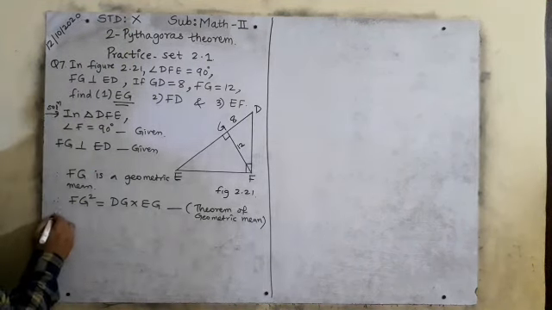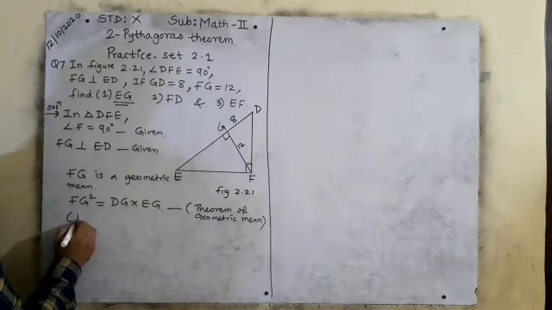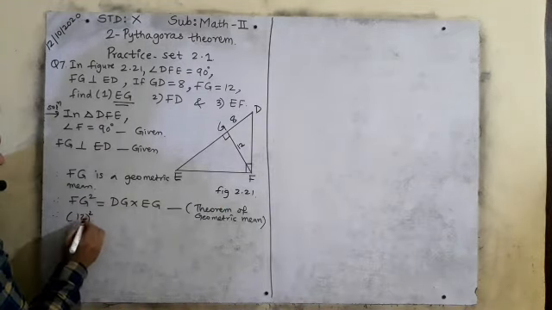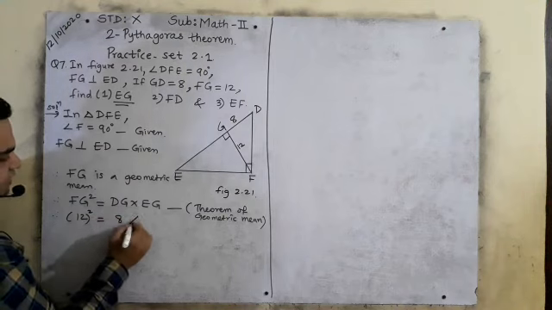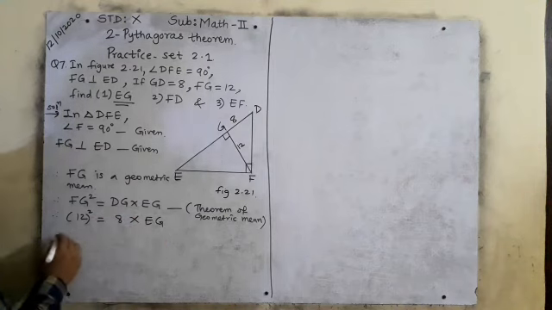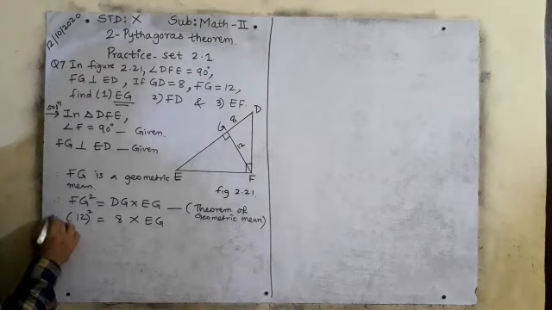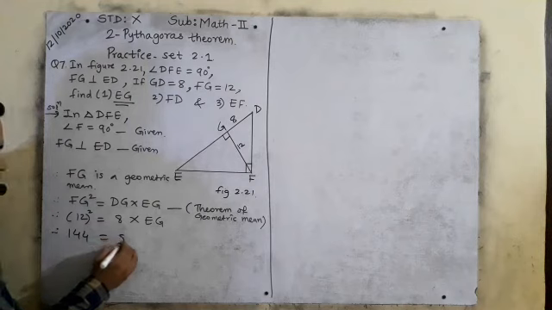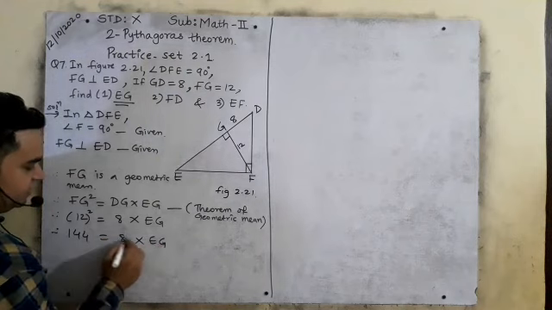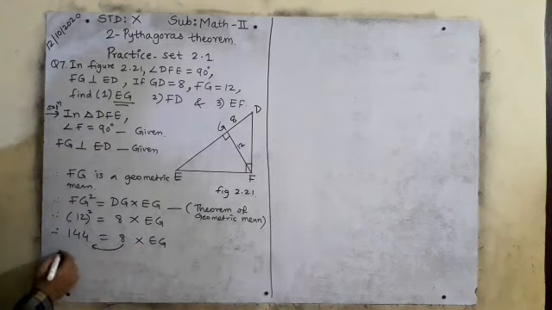Yes. What is FG here? FG is 12, so 12 square. What is the square of 12? 144, right? GD is how much? 8. And EG we have to find. So 144 is equals to 8 into EG. Now this 8 will come over here, it will divide.